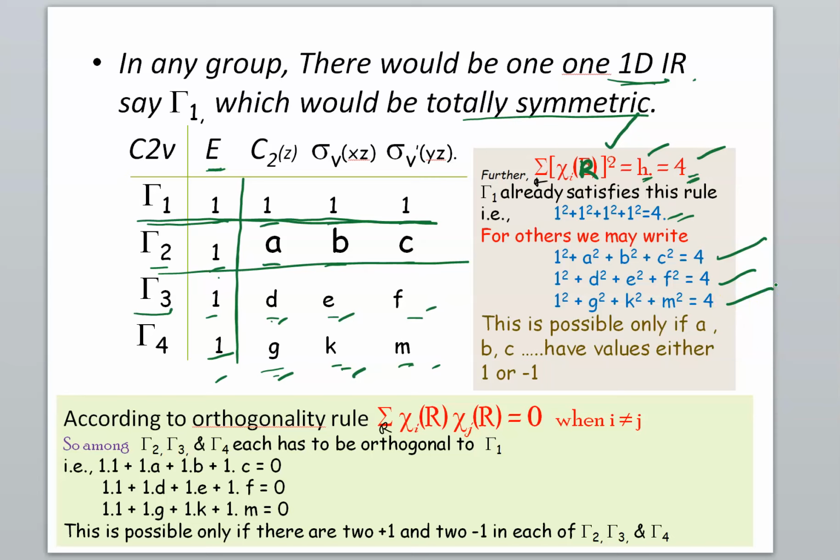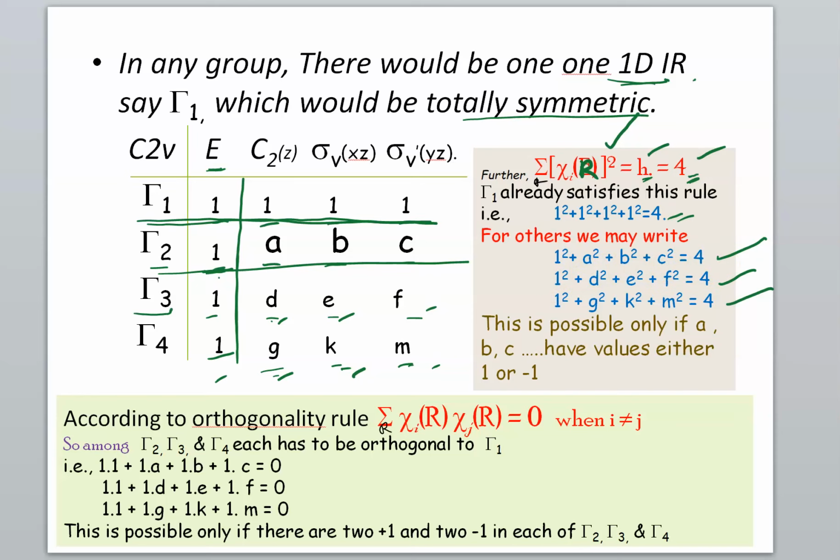Because the sum of the squares of the characters in a particular representation is equal to the order of the group. Taking the square of each character and summing, we get the order, which is 4.